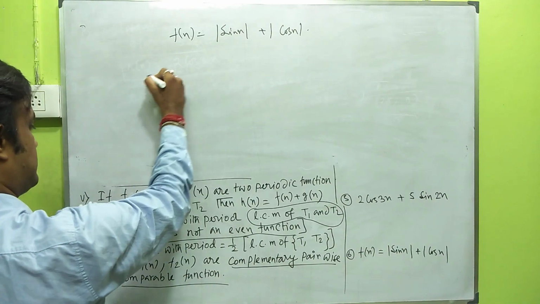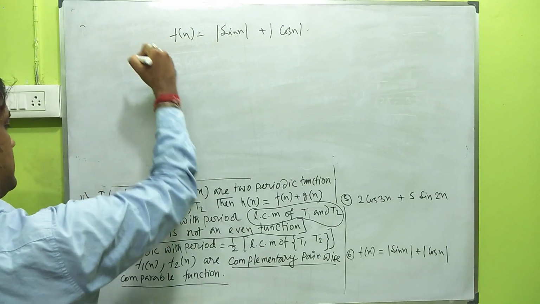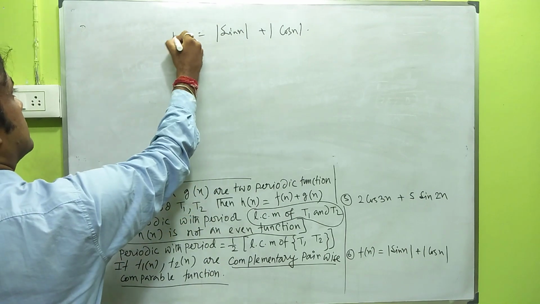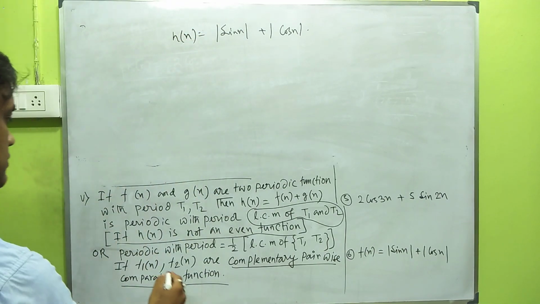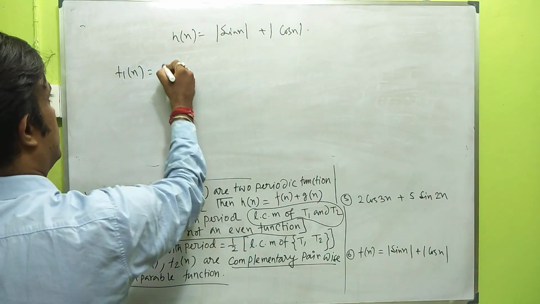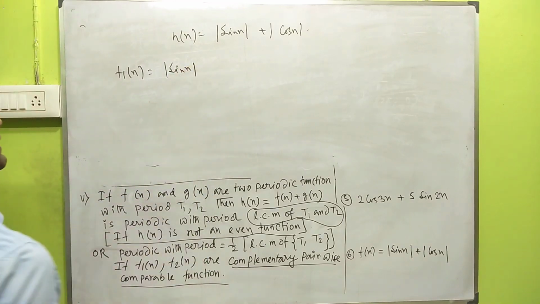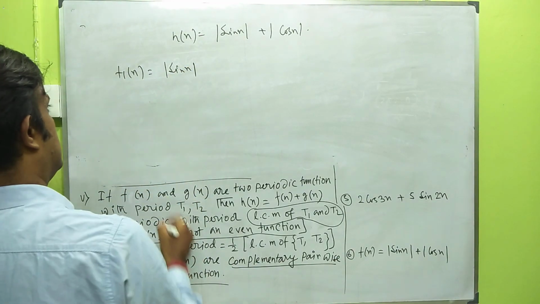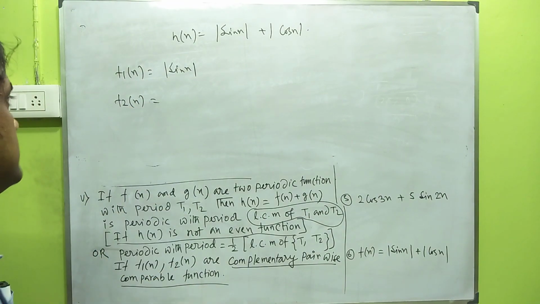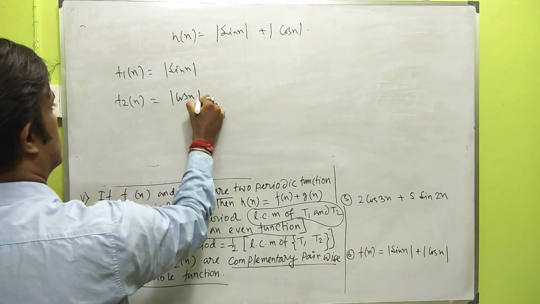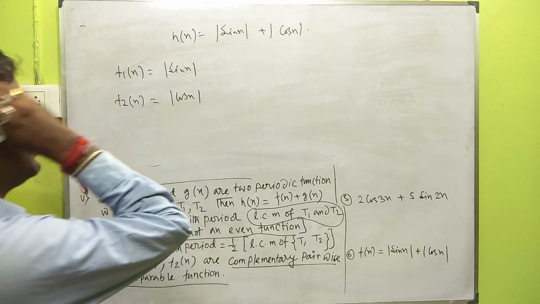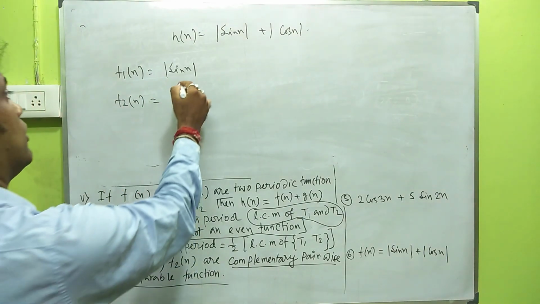Now suppose this is h(x), so f1(x) is equal to mod of sin x and f2(x) is equal to mod of cos x. Now we know the period of this function f1(x) equals mod sin x.